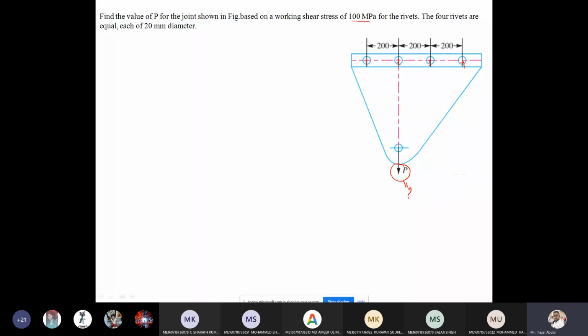The 4 rivets are all equal, and each rivet has a 20 mm diameter. In the previous case, the force value was given and we were asked to calculate the diameter of the rivet. In this case, the diameter value is given, and now we are asked to calculate the force. That is the only difference.